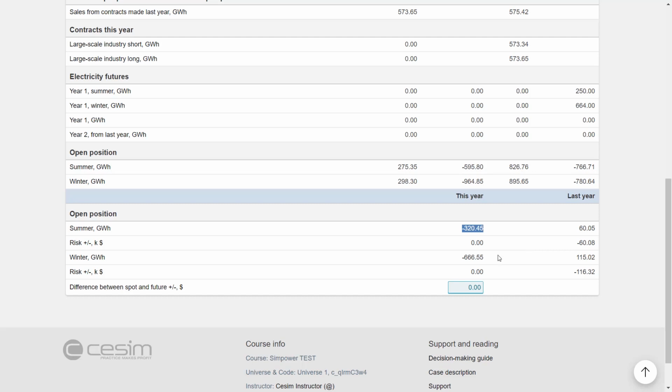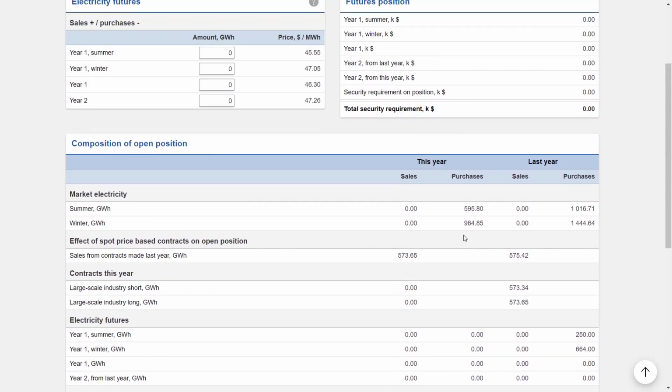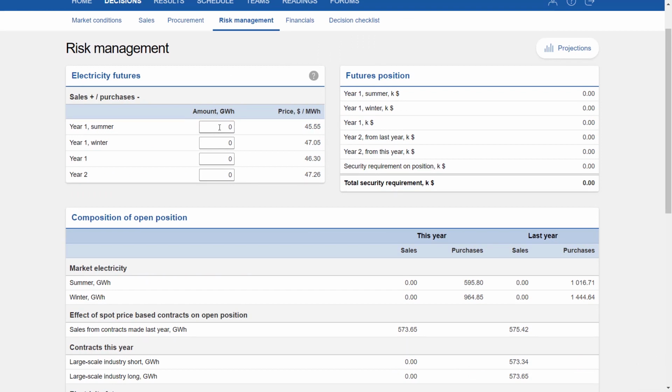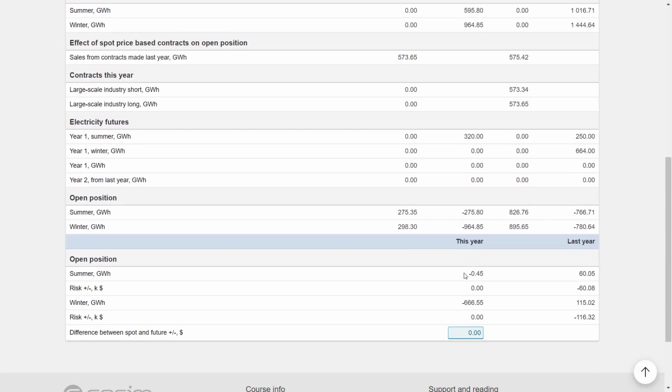So if we want to hedge against this price risk, we could take this futures contract for the summer and secure the price at this level. So I say minus 320. And now I have closed my position.